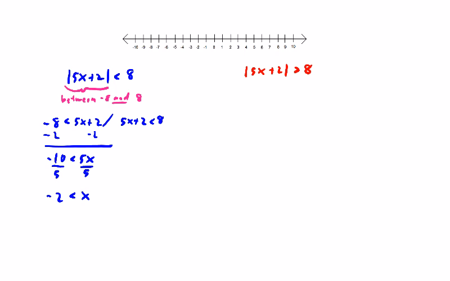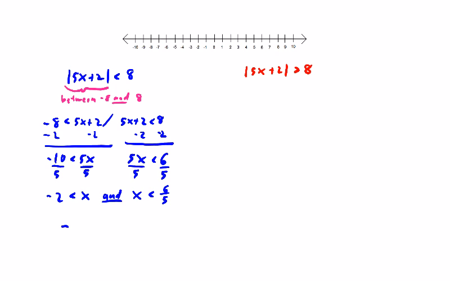If we look at the other part of the solution, we subtract 2 from both sides, and 5x must be less than 6. If we divide both sides by 5, x must be less than 6/5, or 1 1/5. Now the key word here is that both of those things must be true.